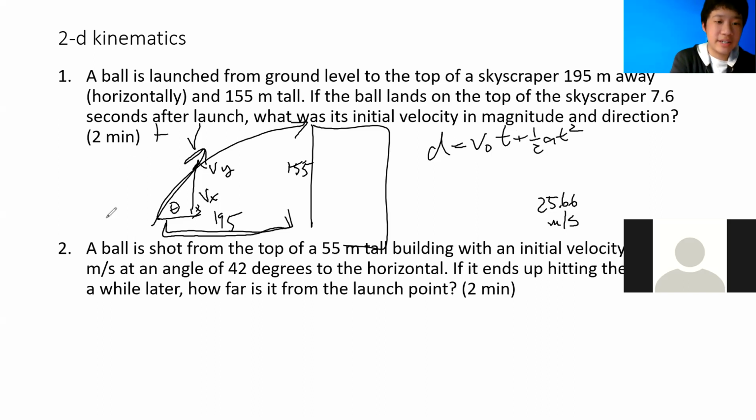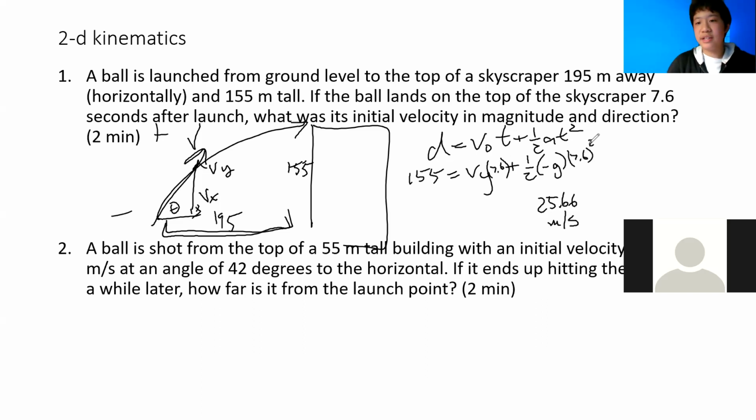If we have a positive and a negative here, then our 155 is equal to our vy times our time, plus 1/2 times negative g t squared. If we plug in 7.6 as t, 7.6 squared, now all we need to do is solve for vy.